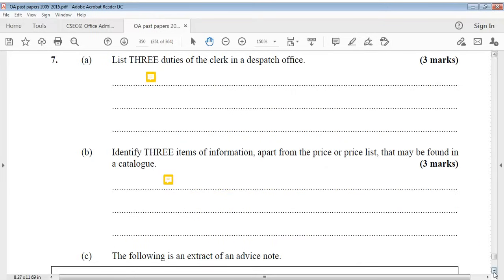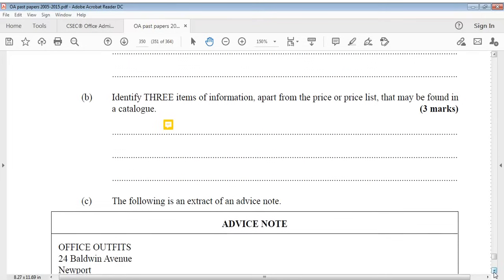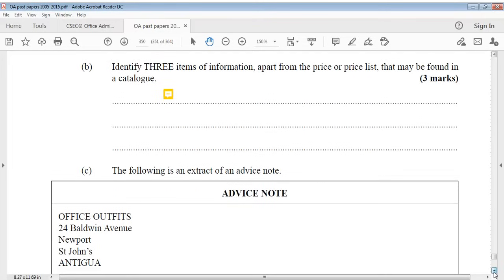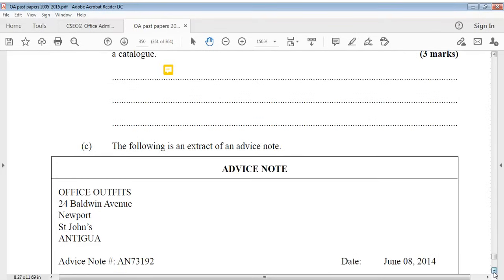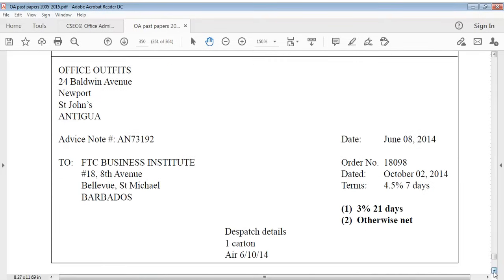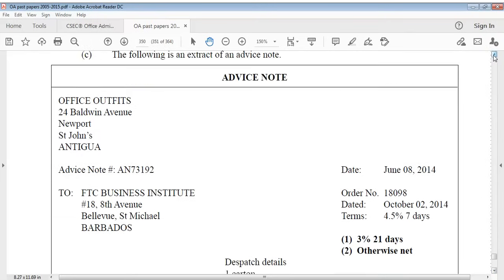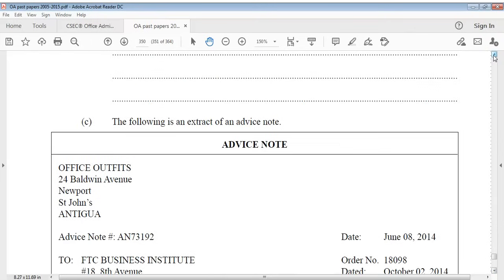Okay. Let's move on to question number 7C. So we have, this is an extract of an advice note. All right. So we see the advice note here. Take a look at it.